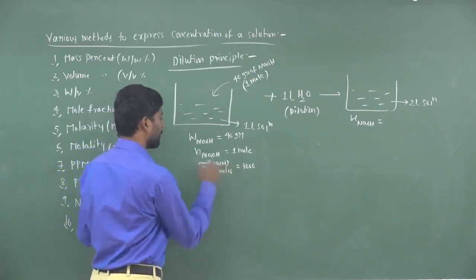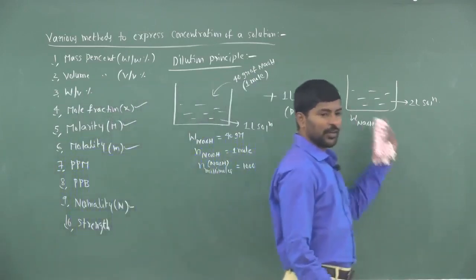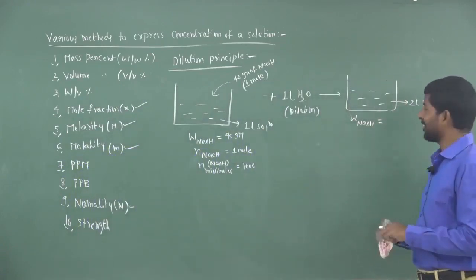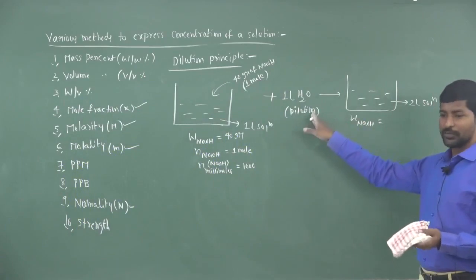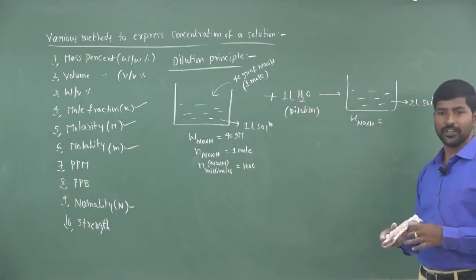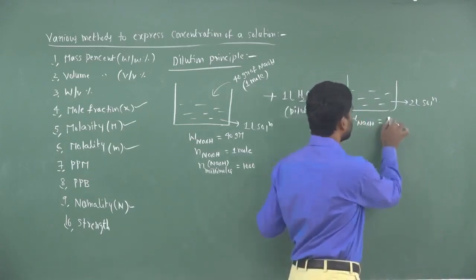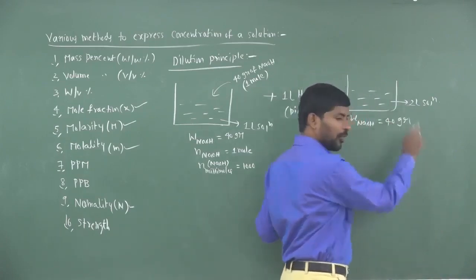Now tell me, what is the weight of NaOH present here? We are adding just water. Is there any change in the weight of NaOH? No change. The weight of NaOH present is 40 grams only.